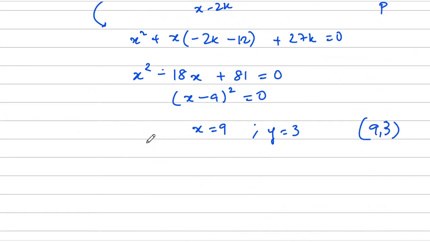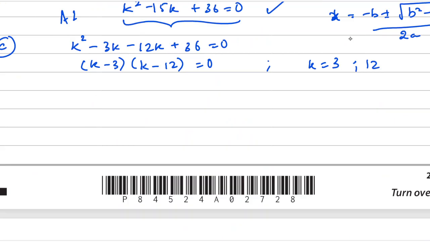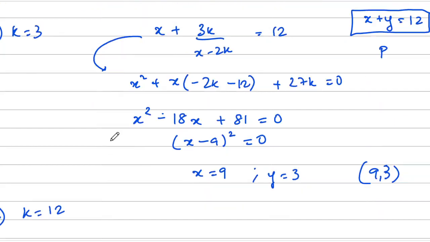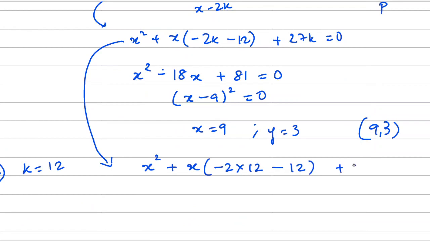So we go for the next value of k, which we got as k is equal to 12. The same thing, we put the value of k as 12 in this equation. So we'll be getting x square plus x multiplied by minus 2 times 12 minus 12, plus 27 times 12, is equal to 0.